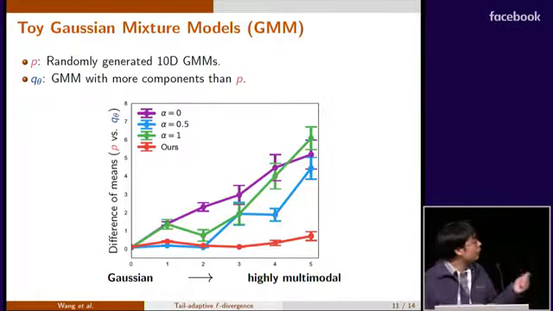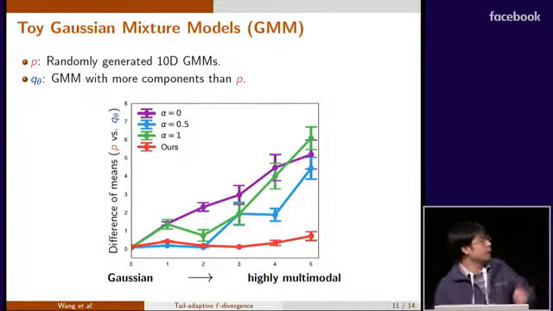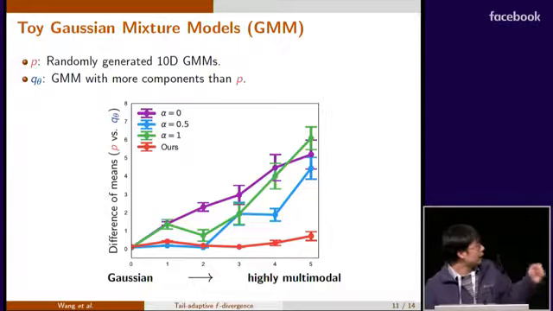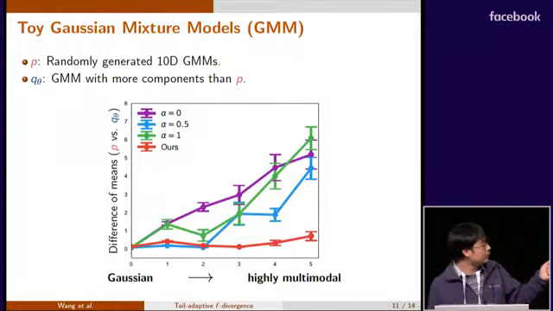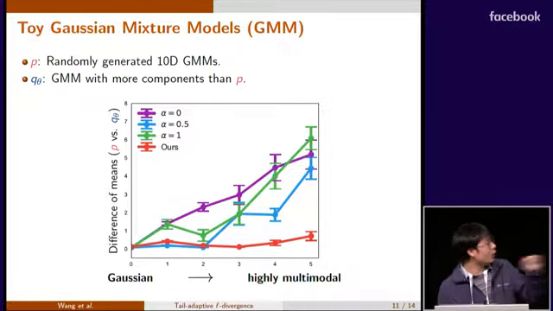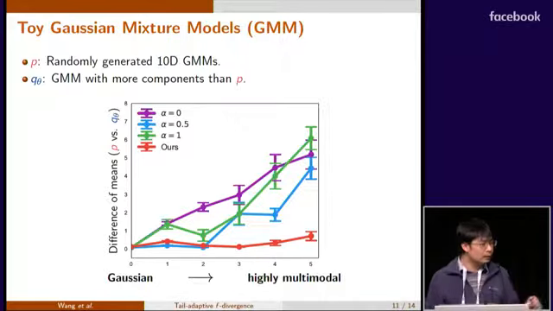So here's an example. We randomly generate a Gaussian mixture. Starting from the left of the figure, we have the case when P is exactly Gaussian. In this case, all the algorithms approximate P closely. But if Q becomes highly multimodal, it turns out all the standard algorithms tend to degenerate, while our algorithm stays stable.